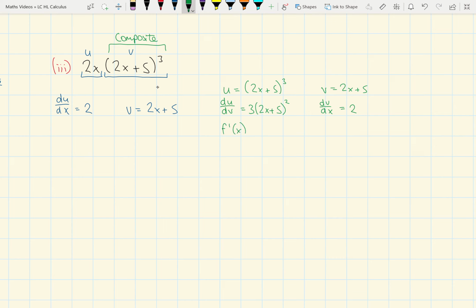So f dash of x will be equal to 3 bracket 2x plus 5 to the power of 2 multiplied by 2. Constant here, so I can multiply in. So I'll get 6 bracket 2x plus 5 to the power of 2. So there's my answer for dv dx.